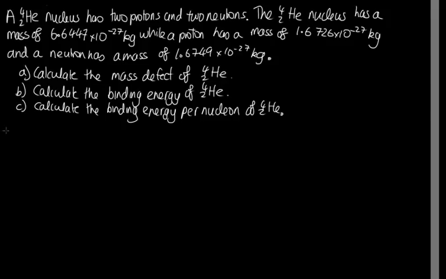Okay, so to answer part A, we need to use the fact that the mass defect is equal to the mass of the constituents, so that's the total mass of the protons and the neutrons that are combined in order to make the nucleus, minus the mass of the nucleus.